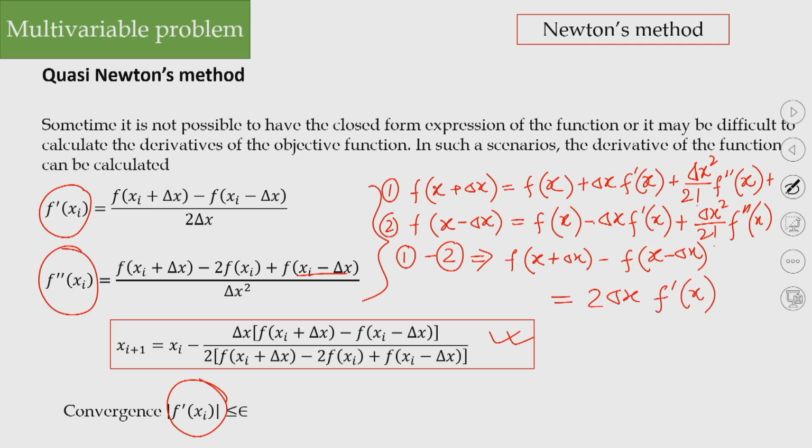The third term again cancels out, and I am not considering the higher order derivatives. So, the first derivative at x equals f of x plus delta x minus f of x minus delta x, divided by twice delta x.